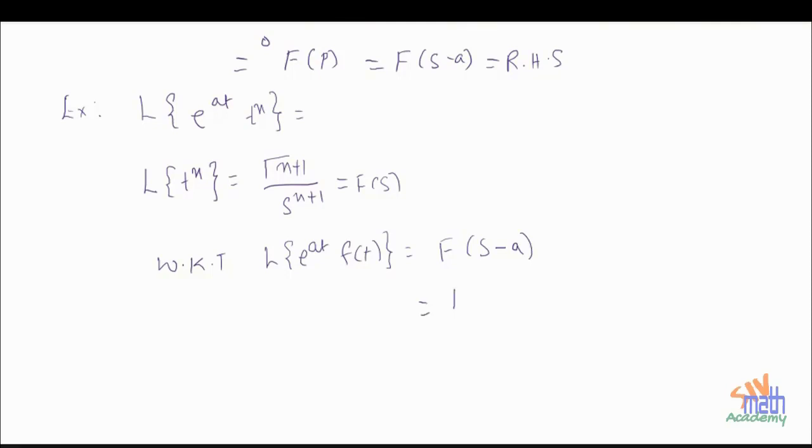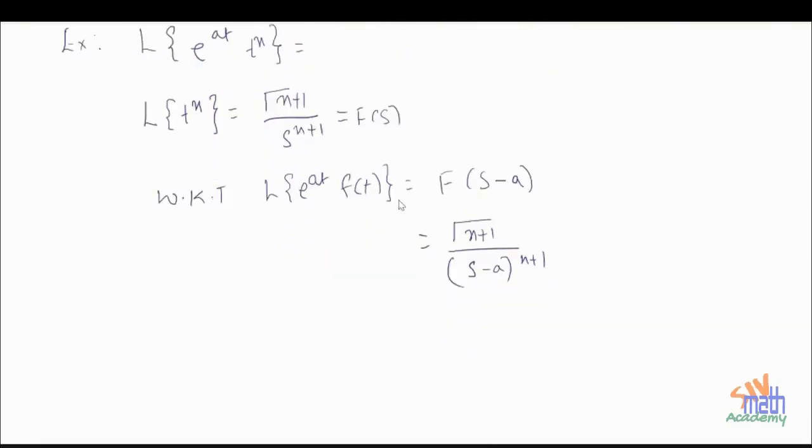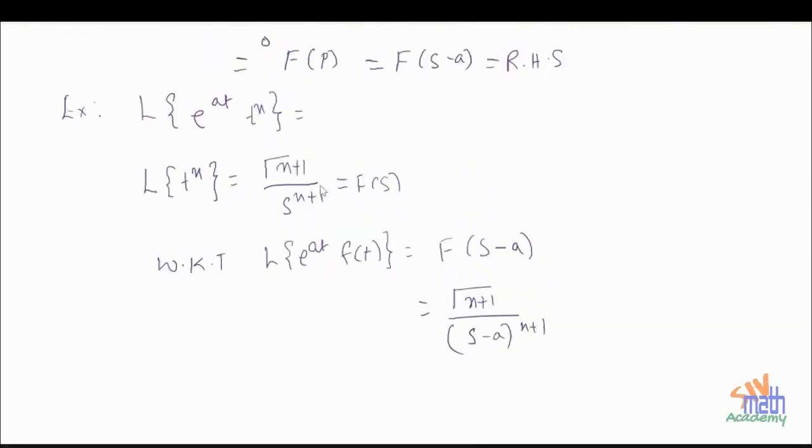So you should replace this one by gamma n plus 1 upon s minus a whole power n plus 1. So this is how the formulas will change accordingly. In this case, f of t is what? So this value will become gamma n plus 1. Wherever s is there, s should be replaced by s minus a whole power n plus 1.